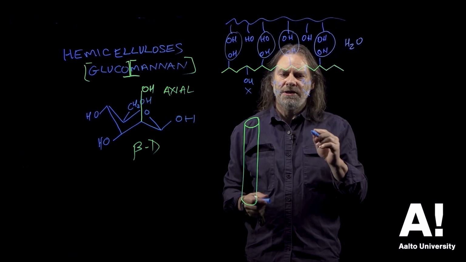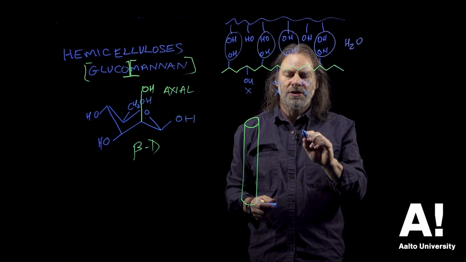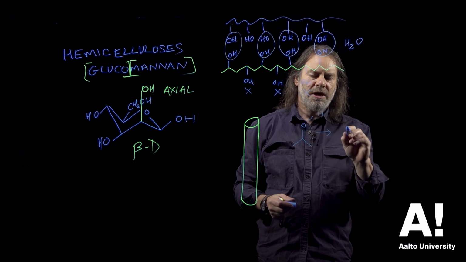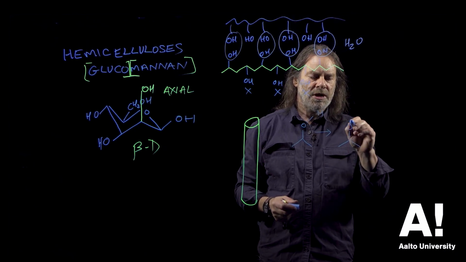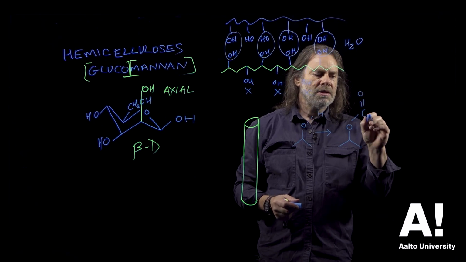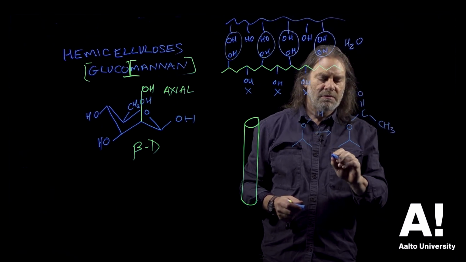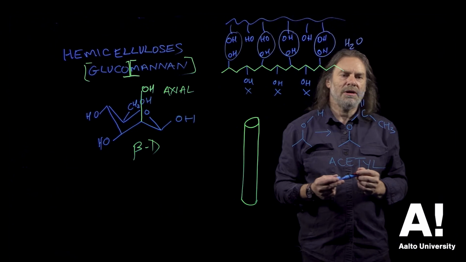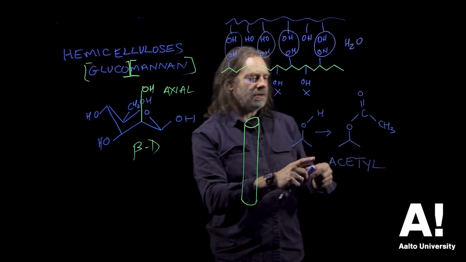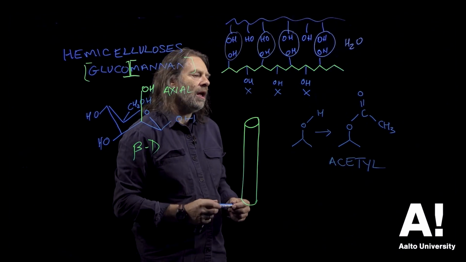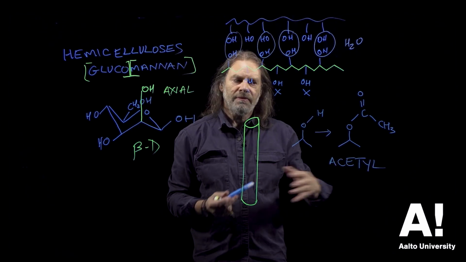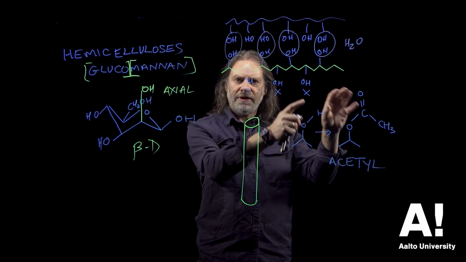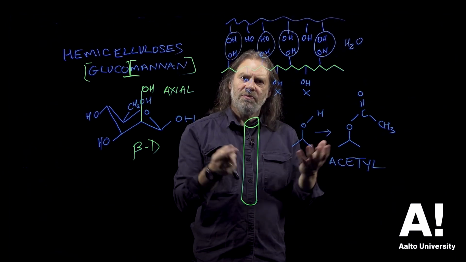The other thing that nature does is it takes some of these hydroxyls in the hemicellulose and it performs a reaction on them using an enzyme to give acetyl groups. And those acetyl groups, I'll stand here so you can see it, these acetyl groups also disrupt the hydrogen bonding. They also change the polarity of the molecule. If you start acetylating something, it doesn't have so many hydroxyl groups, so it's not as compatible with water.